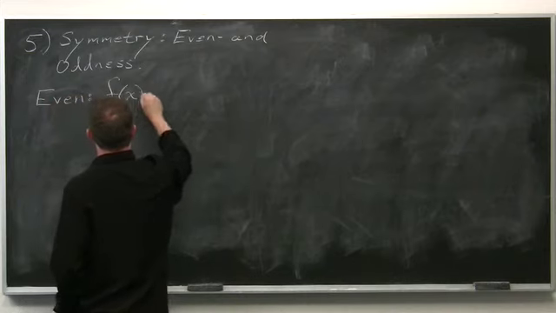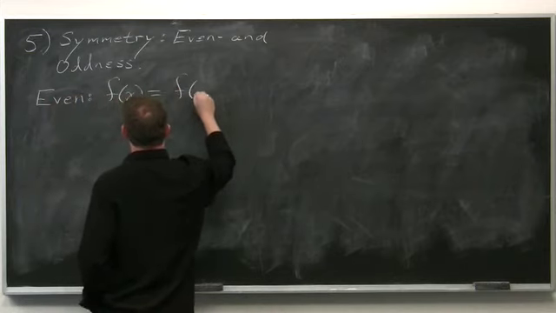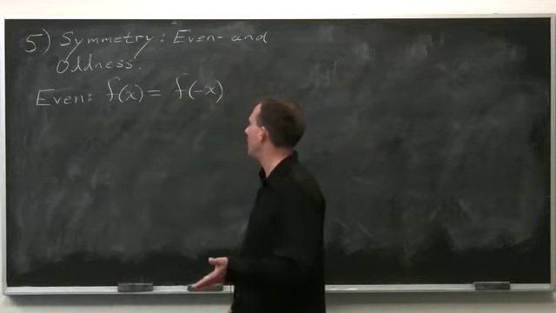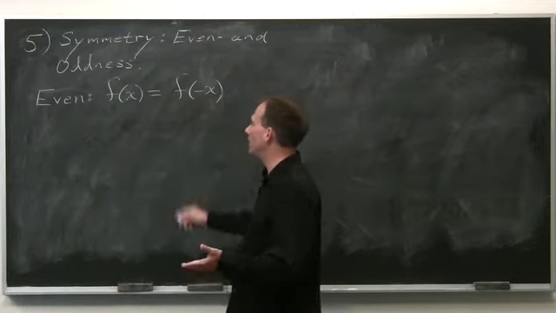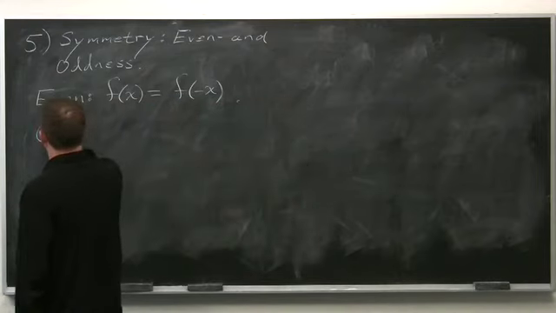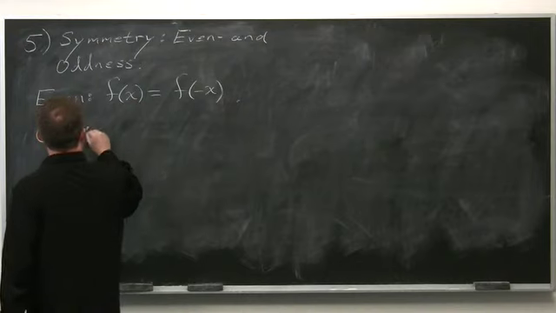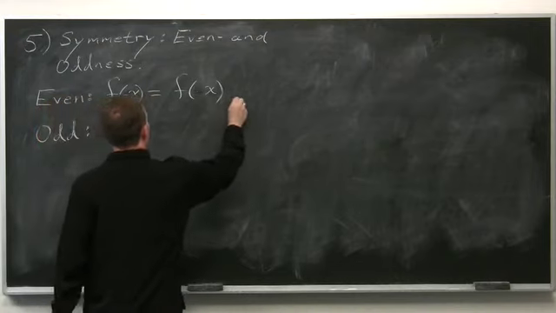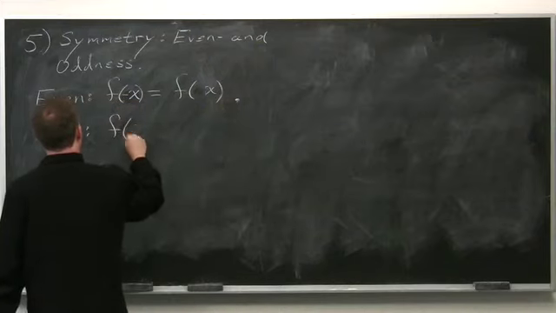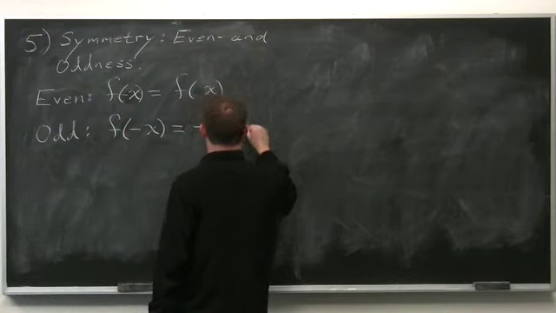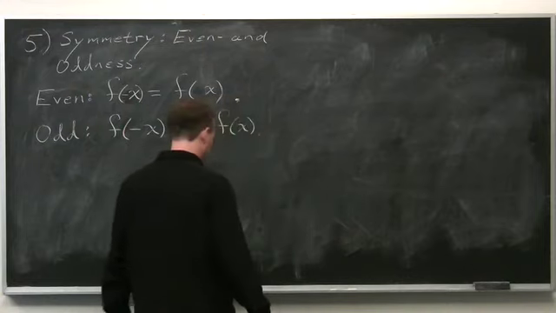A function is even if its value at negative x is always the same as its value at x, and if x is in the domain, negative x is in the domain. That's an even function. An odd function, let me write this the other way, just so it'll look like what I'm about to write. For an odd function, f of negative x, you get negative the value of f of x. This is an odd function.